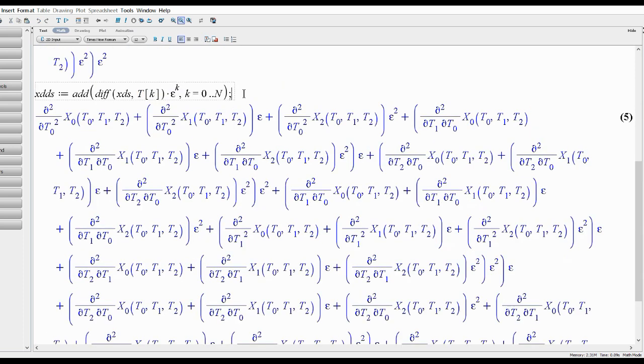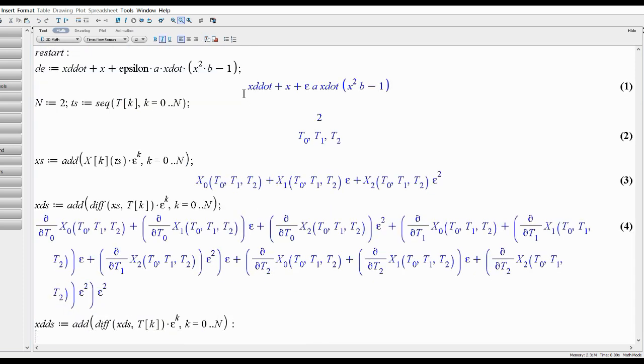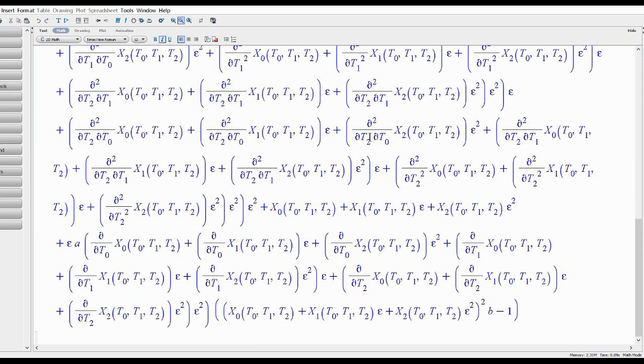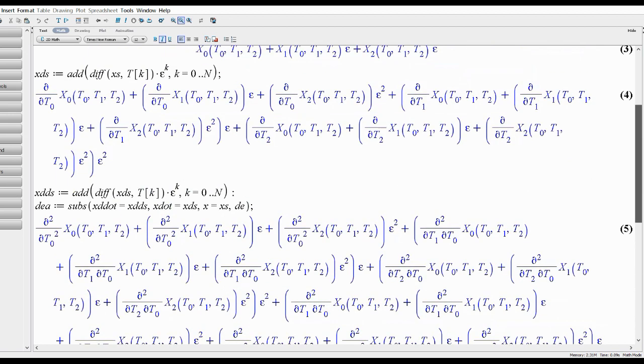Okay, alright. Now dEA is equal to, substitute x double dot is equal to x dds, x dot equals x ds, x equals xs in dEA, and this is going to be long also, so I will suppress display, but I'll do a little better than that.